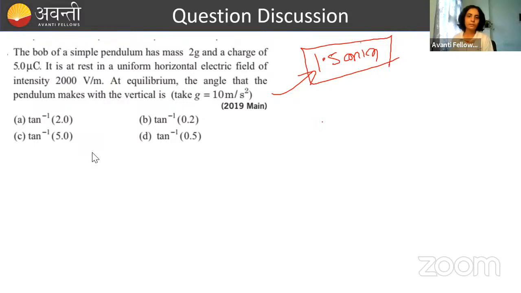JNB Shimoga boys, very good. Girls, where are you lost? I didn't get any reply from you. JNB Gondia, Bhavnagar, Chikkaballapur, Aurangabad, Ahmednagar, Dahod, Kolhapur.